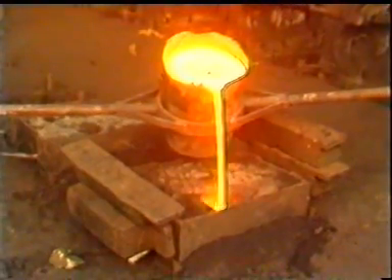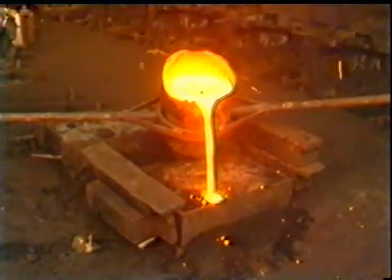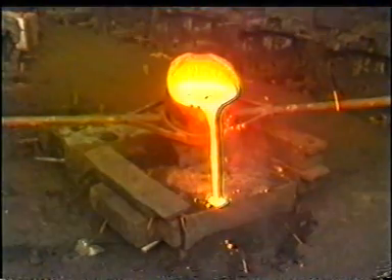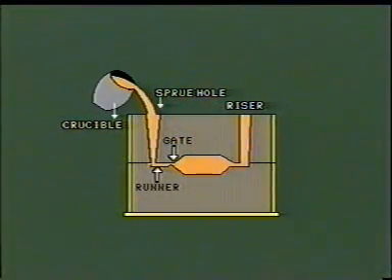The molten metal is carried to the mold in the crucible and poured slowly into the mold through the sprue hole. The metal enters the cavity via the runner and gates.